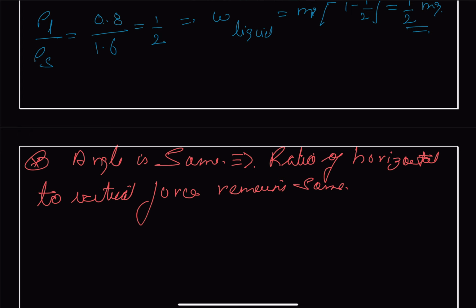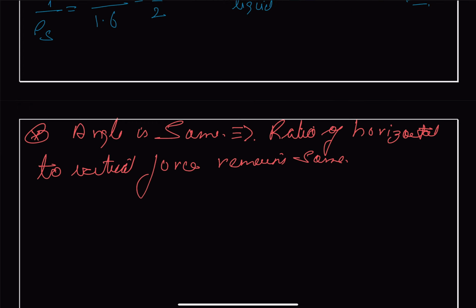And therefore we can say our force in the air divided by mg will be equal to force in the liquid divided by weight in the liquid. Or for the sake of simplicity, let's write this as weight in air, because it will be the same.